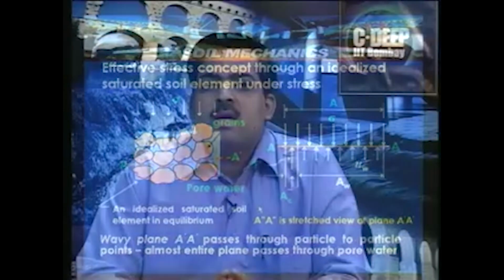Let us consider that this A' A' wavy plane is stretched and made into A'' A'', a plane passing through pore water as well as through some grains. This is an imaginary plane passing through solid grains as well as pore water.